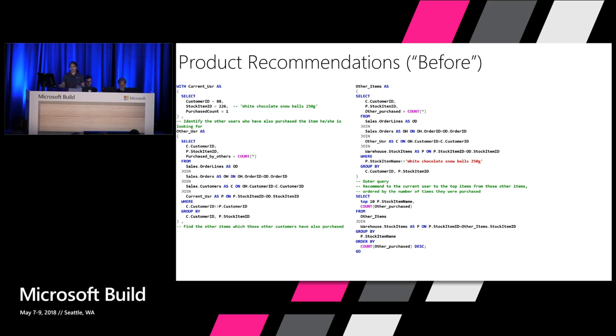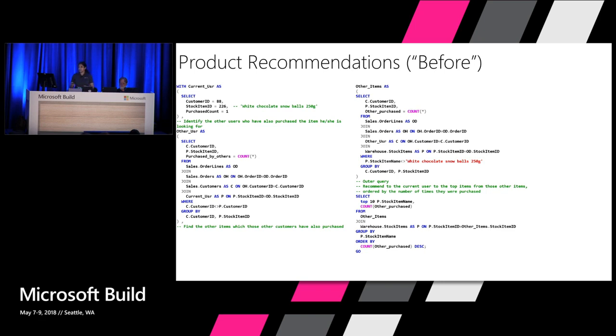After that, I find out the other items that these other users have bought. And then finally, when I have the list of other items, I make recommendations to my current user. Not a very easy query to write, not very easy to extend, and not very easy to maintain in future.